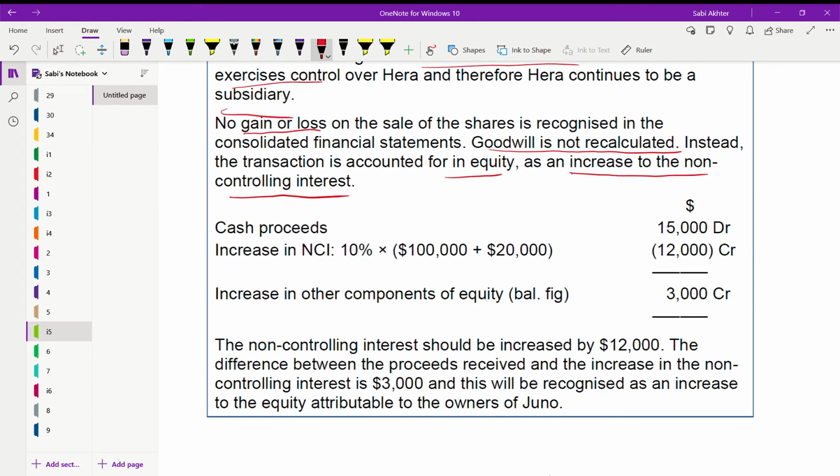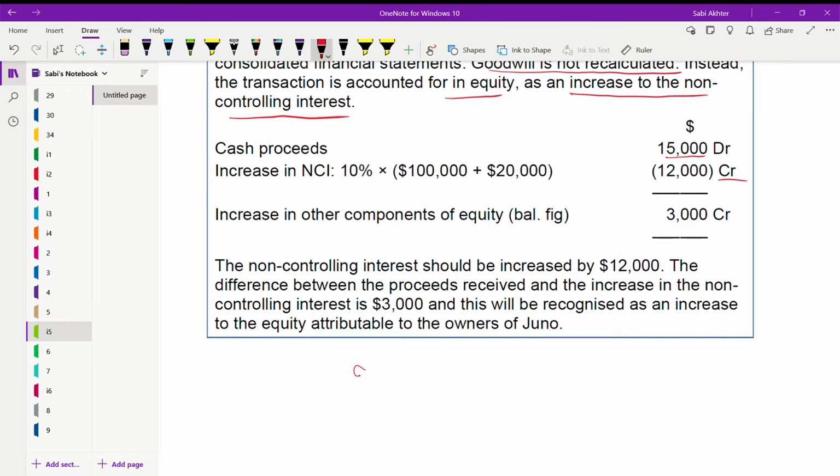Okay, so you are disposing it for how much? You debit the 15,000. What is the increase in NCI? This you have to credit. That means you have to deduct that increase in NCI. So NCI is 10%. How 10%? You were having 90%. At 90% it was 10.